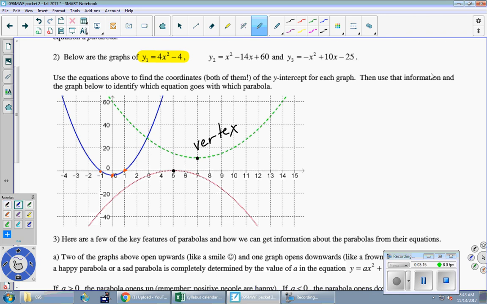We'll go blue here. Again, what's the name of this guy on the y-axis? That's the y-intercept. Now I'm going to draw a vertical line that goes right through the vertex on this green parabola. And would you guys agree that that line is a line of symmetry for the green parabola? It's exactly the same on the left-hand side as it is on the right-hand side. Mirror images over that line, yeah?